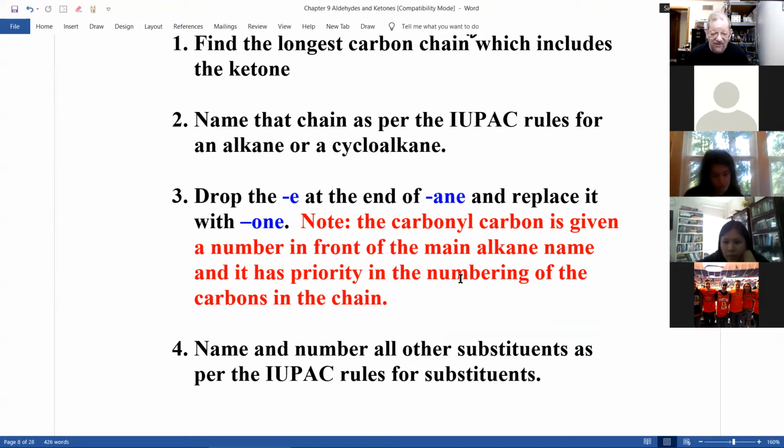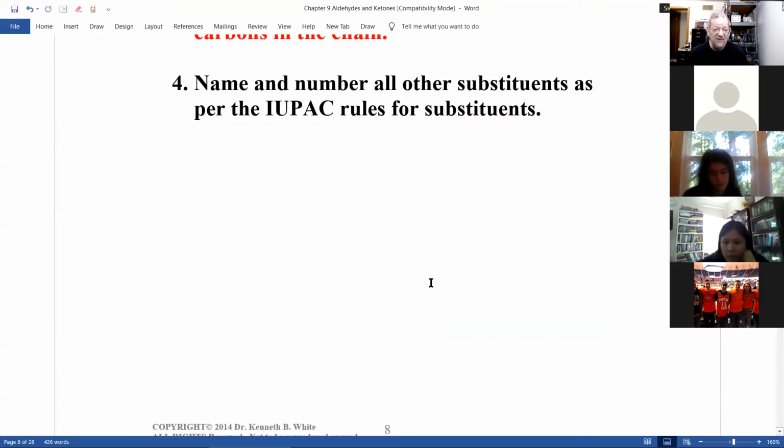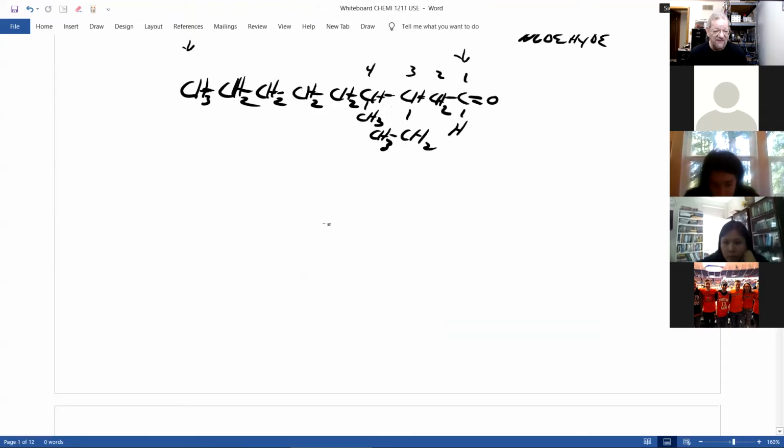For a ring, you don't use a number. The carbonyl carbon is always number 1. And you name the substituents the same as we've done before.